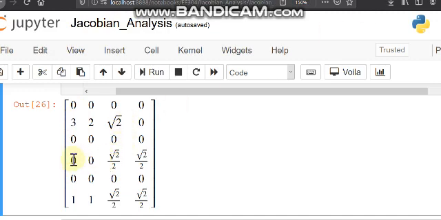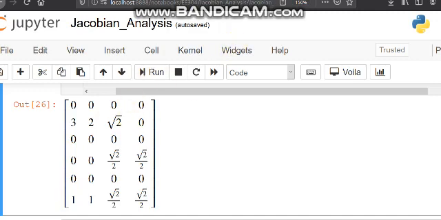The last three rows of the first column say that when theta 1 is changed, keeping the other joint variables constant, the angular velocity is along the z direction.